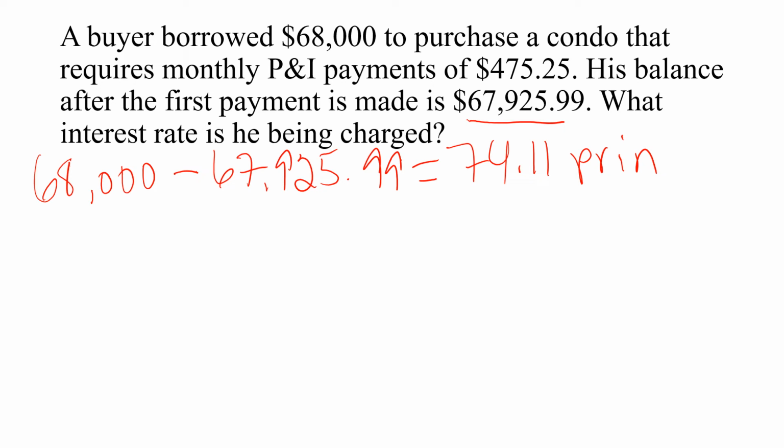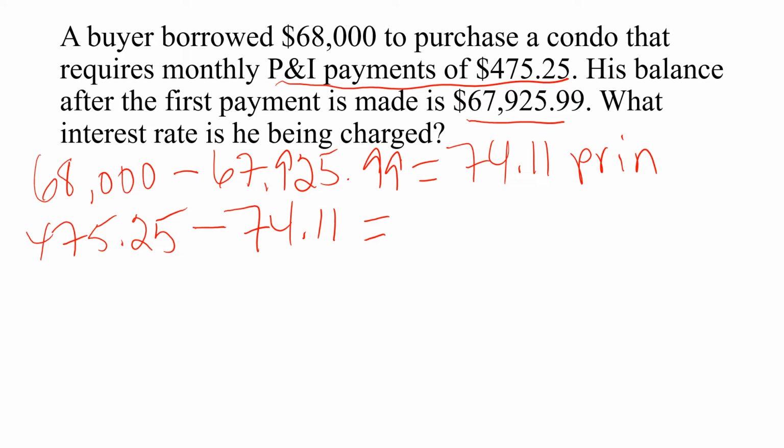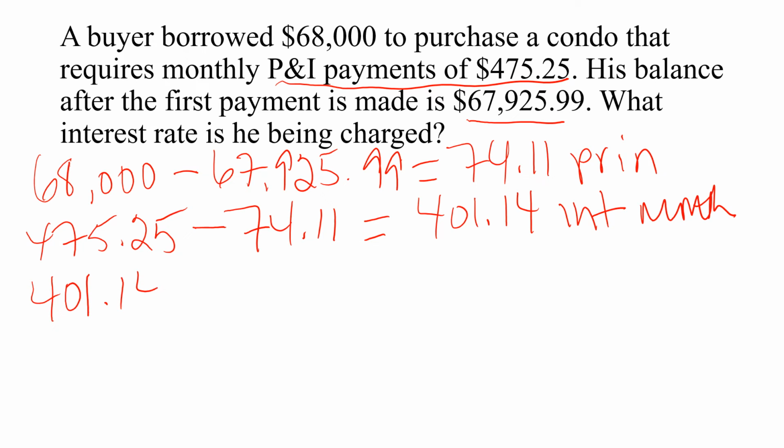So now if I take his P&I payment of $475.25 and I subtract the principal of $74.11, that leaves me with $401.14 in interest, but that's per month. So I want to take my interest times 12 months.